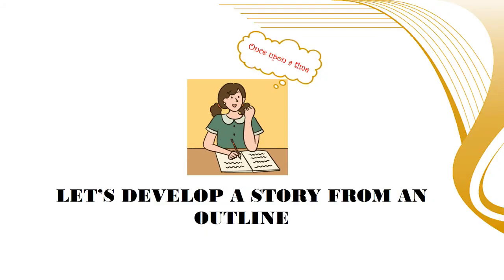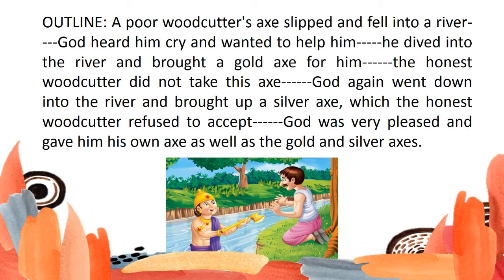Let us now read an outline of a story and develop a story from it. A poor woodcutter's axe slipped and fell into a river. God heard him cry and wanted to help him. He dived into the river and brought a gold axe for him. The honest woodcutter did not take this axe.